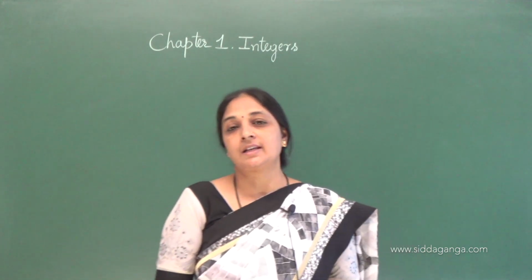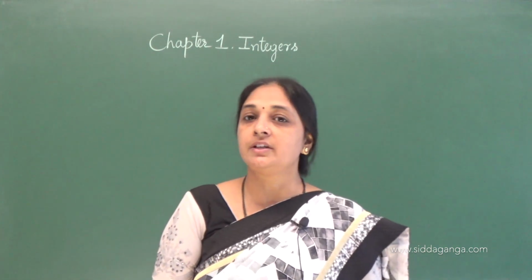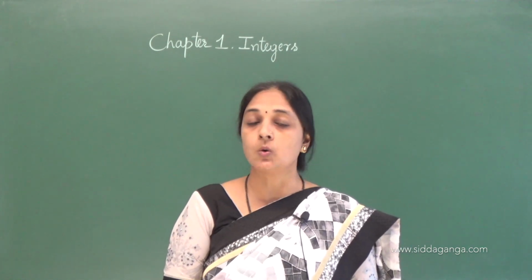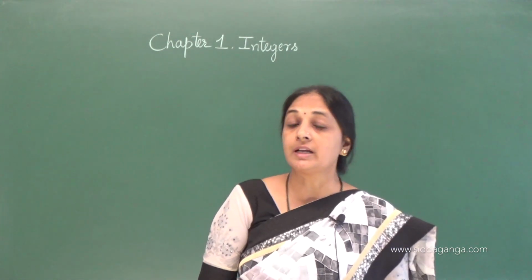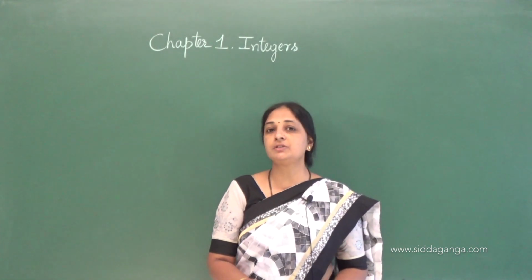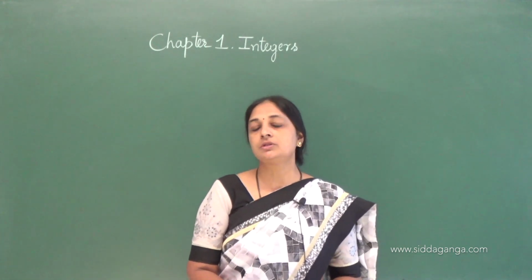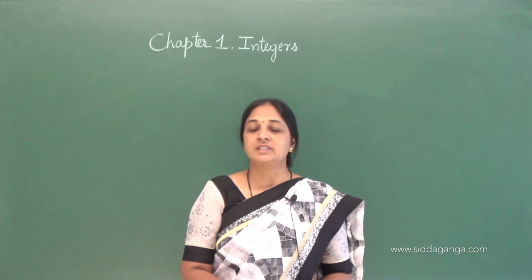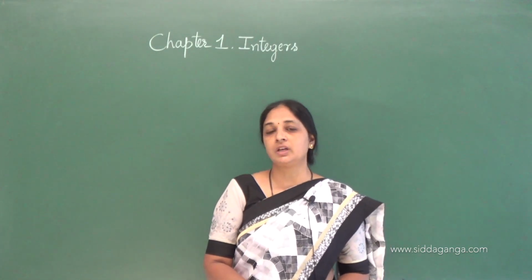In the previous class, that is in 6th and 7th, you have learnt about natural numbers and whole numbers. What are natural numbers? They are the counting numbers, the things which we want to count. We start to count from 1, 2, 3 like that.